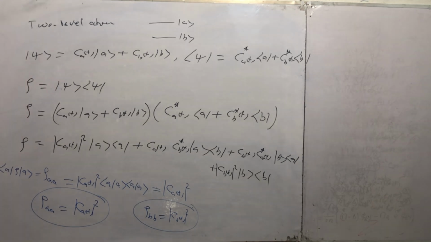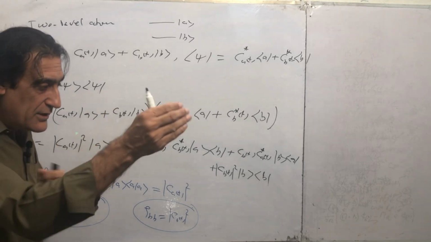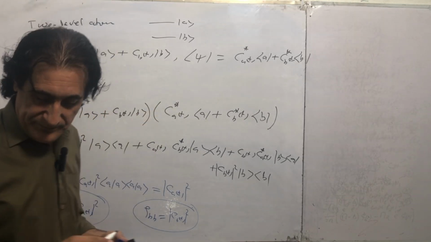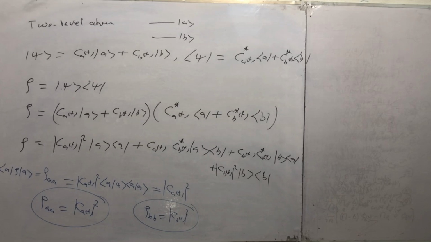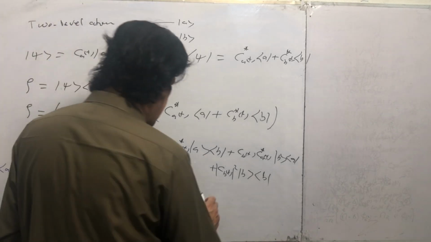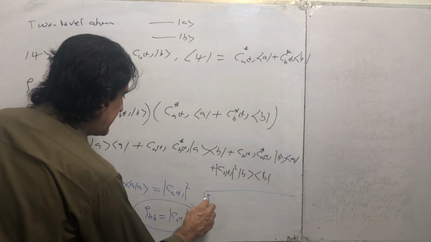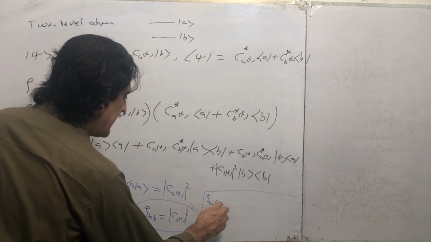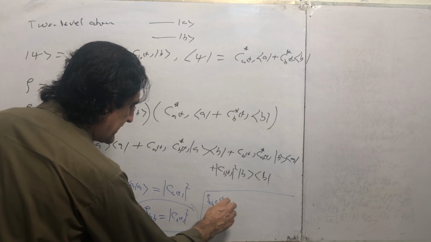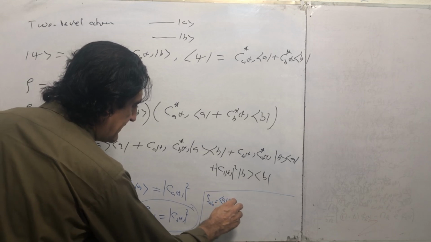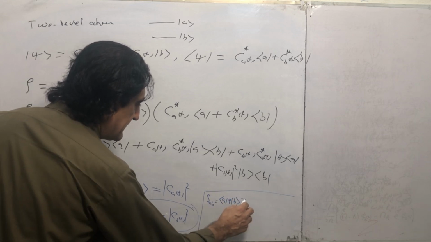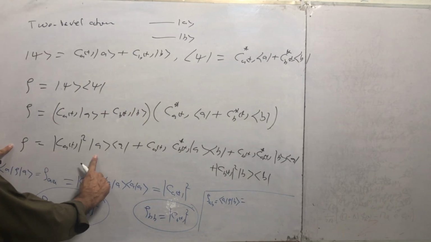And similarly, we can find rho AB as well. This is the coherence, this is the dipole between the two levels, the strength of the dipole. For example, if we find rho AB, it means that we must multiply this with <A| and this right side with |B> in this equation.